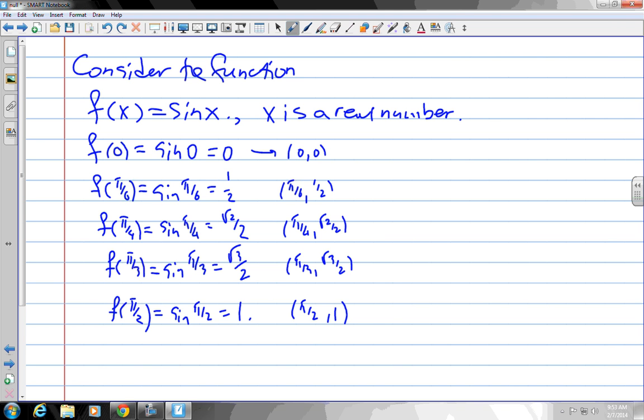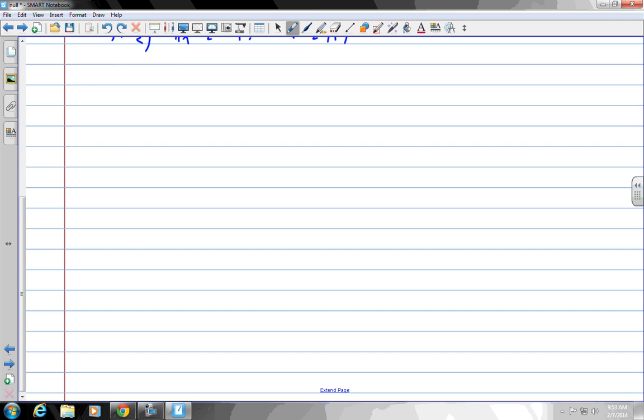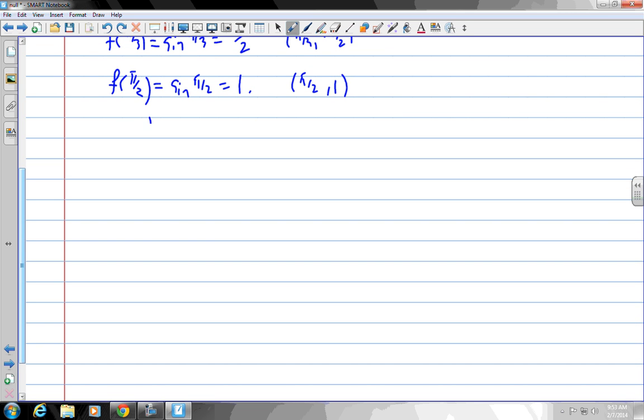The x and y values. If I have ordered pairs, I can plot them on the xy plane, right? I can plot these points where pi over 6 and pi over 2, those are all real numbers, so I can find them on the real number line. So if I do that, let's just hypothetically say this point right here is pi.